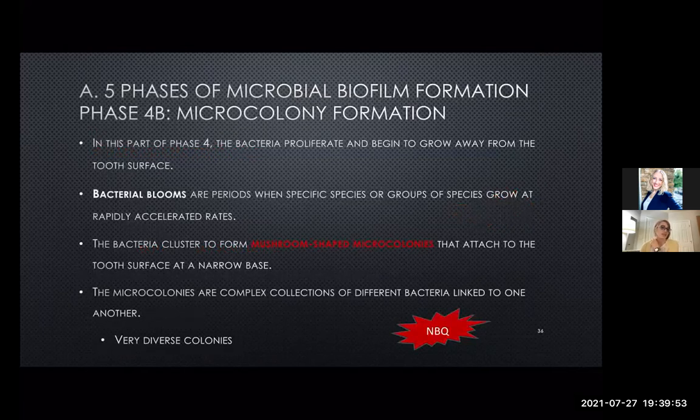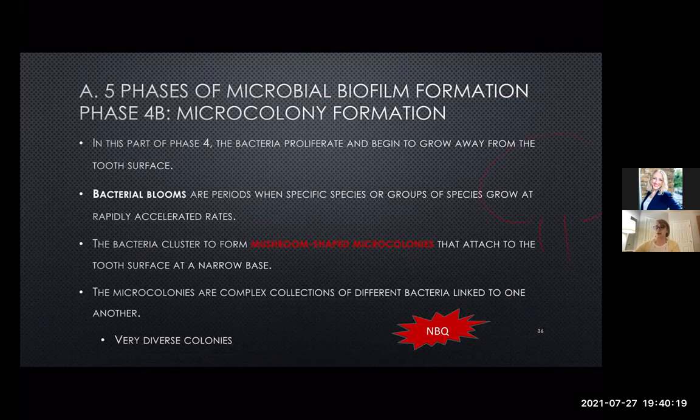Next, we have microcolony formation. The bacteria proliferate, grow away from the tooth surface. We see those blooms. They're kind of like mushroom shaped, and they grow really, really fast. Eventually, we see those really narrow bases, kind of like pedunculated, where it becomes like a mushroom shape.